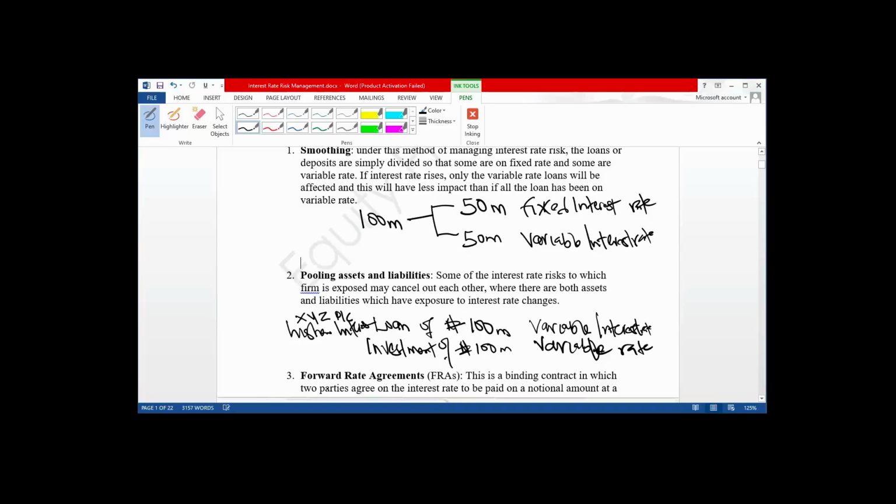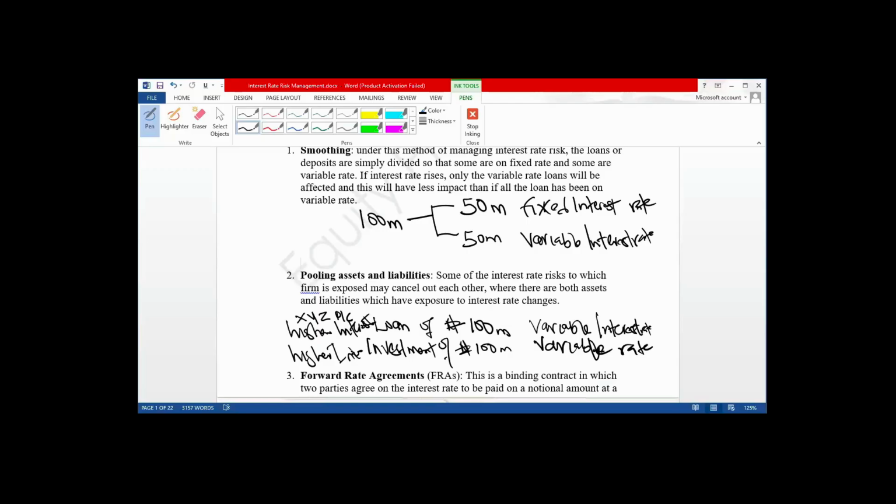At the same time, you are going to receive higher interest here. As you are paying interest on your loan, you are receiving interest on your investment.